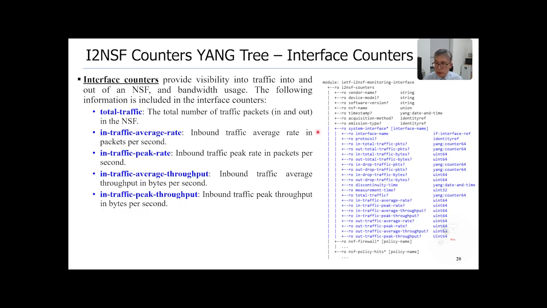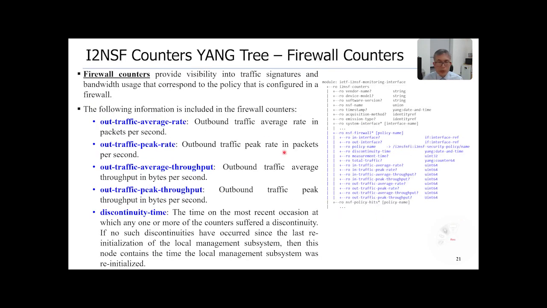So this is a system interface. Especially interface counter, system interface have these kinds of fields, okay? So this one is the type of this element. So let's take a look.